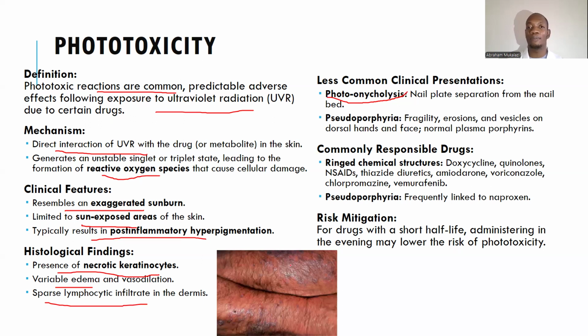Sometimes you can also get pseudoporphyria, where you get fragile erosions and vesicles on the dorsum of the hand, which can mimic porphyria cutanea tarda. In this case, someone will have normal plasma porphyrins, but a picture similar to porphyrin disorders like porphyria cutanea tarda.